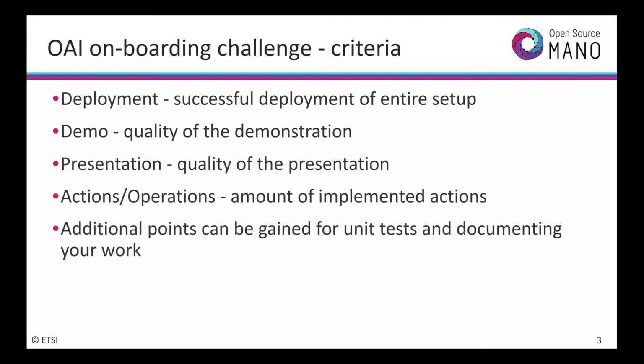And you can get additional bonus points for unit testing, documentation, nice clean code that you have written and so on. This is just for the jury to have the ability to also assign some bonus points. Each bullet is worth 10 points and you will get from 1 to 10 on each of those, right? So that's about the criteria.